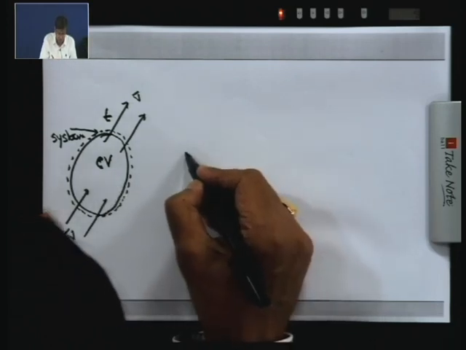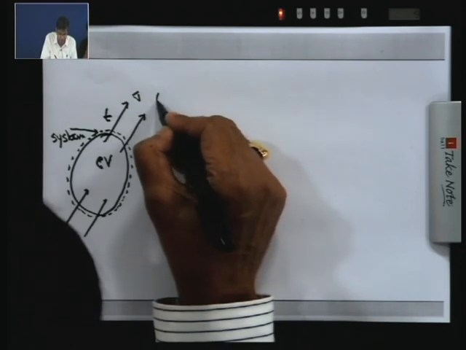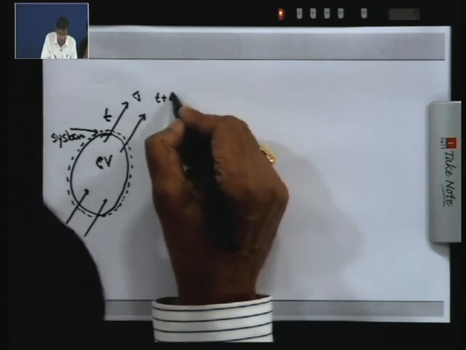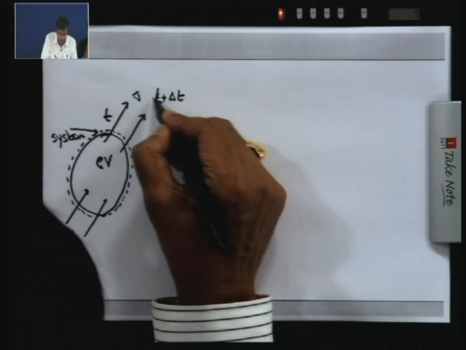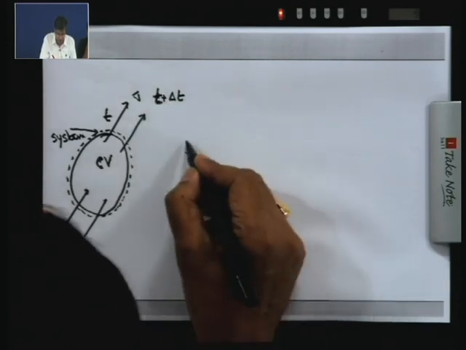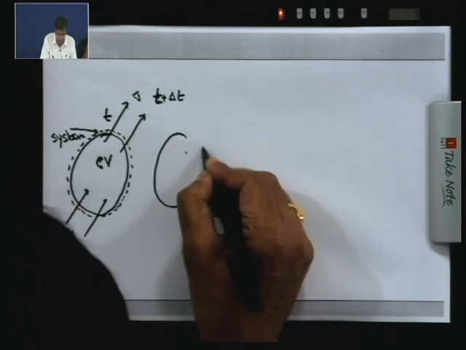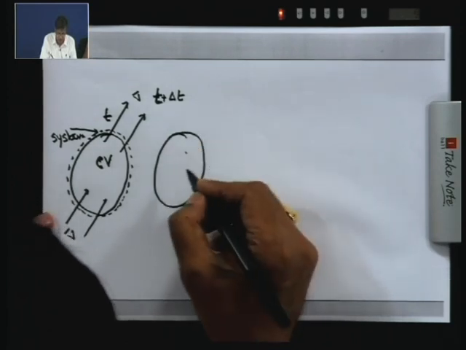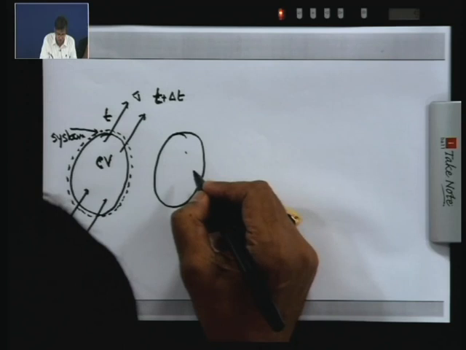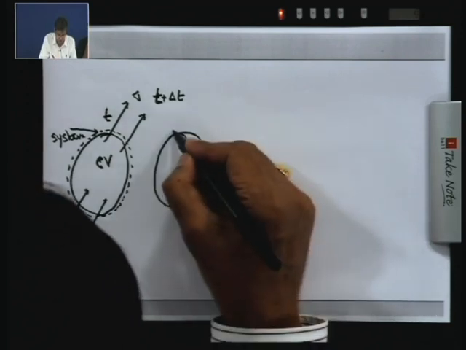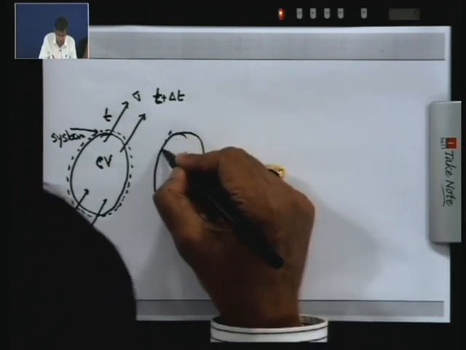At some time interval t plus delta t, let us have the fixed control volume like this. This is the control volume, and let us think that the system goes like this.